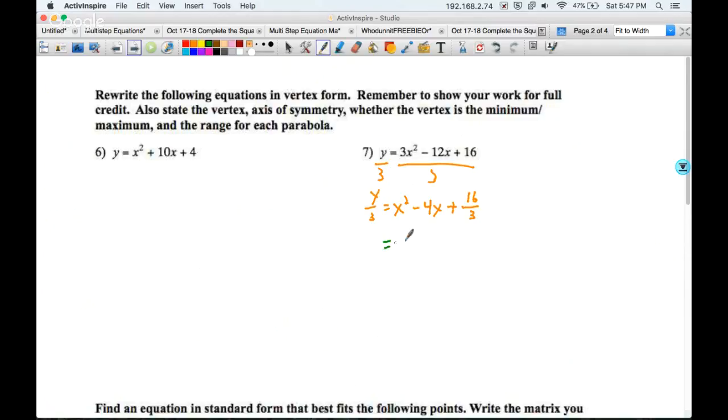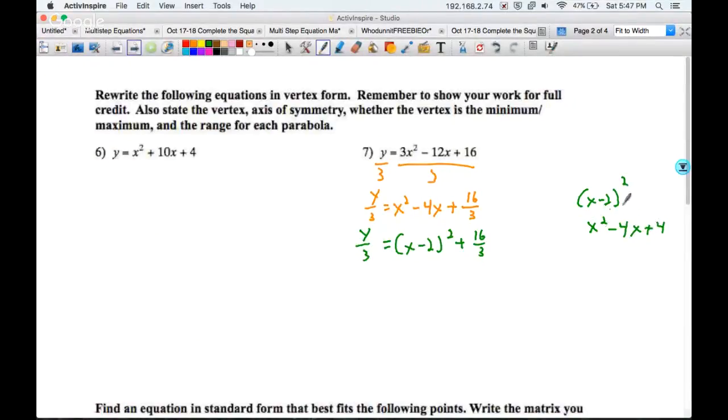Now let's recreate the structure of vertex form. We'll keep our 16/3. This value here is always half of that value there, so that's going to be a -2. And the (x minus 2) squared is going to become, in my head here, x squared minus 4x plus 4.